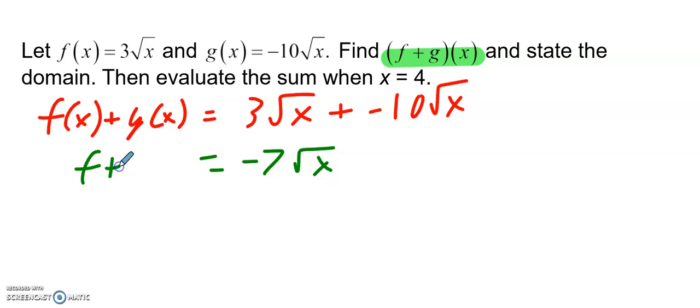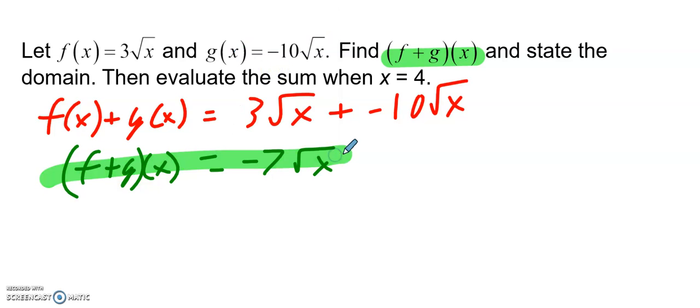So f plus g of x is negative 7 root x. That's the first part. We'll highlight that in green. There, that's lovely.